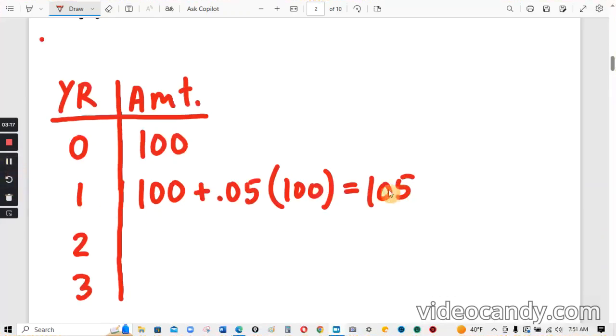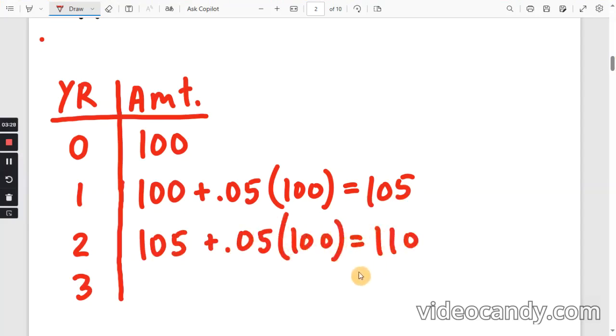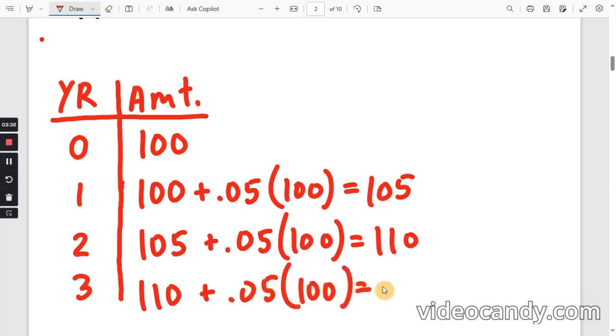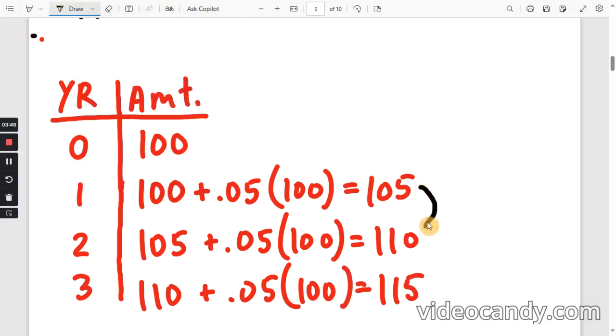And the next year, we start with 105, and we add 5% of 100. And that's 110. And the next year, we start with 110, and add 5% of 100. And that's 115. Okay, so notice each year we're adding $5. All right, we started with 100, so it goes up by the same amount each time.